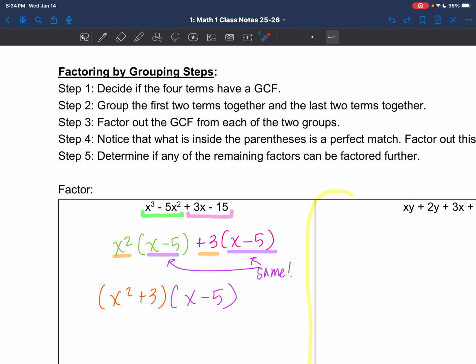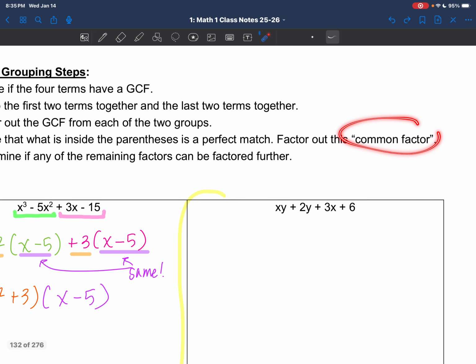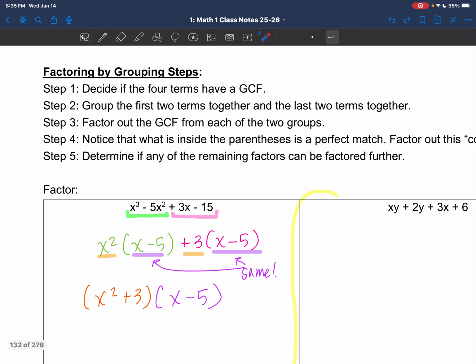And then we're going to kind of hide, we're only going to focus on part of it, and we're going to do the GCF from each of the 2 groups. And then if we do this correctly, what's inside the parentheses should be an exact match, and that's going to be your common factor. And then anything left over will be in the other parenthesis. All right, so now we have our 4 terms.